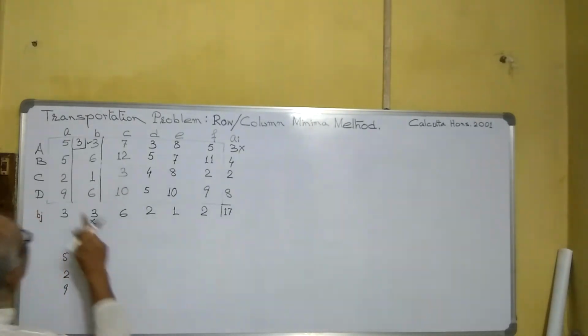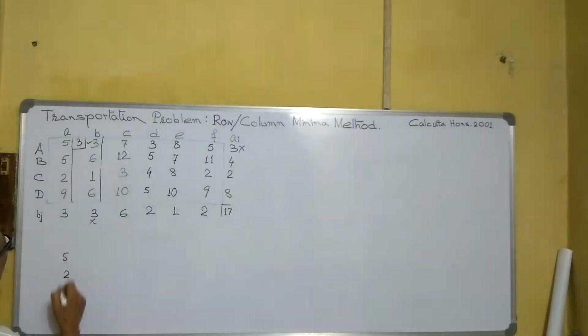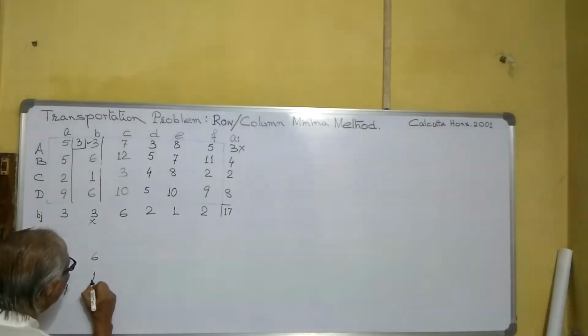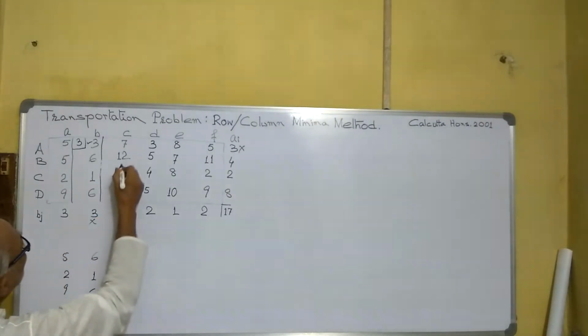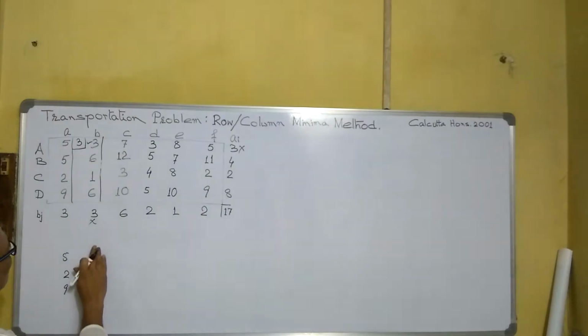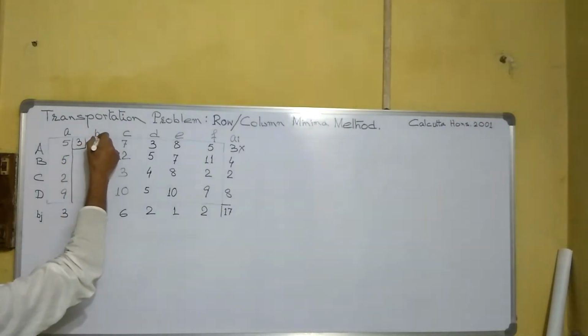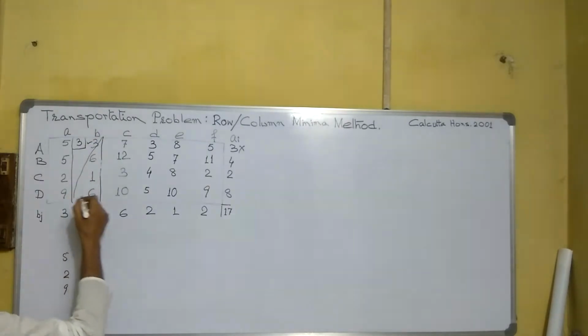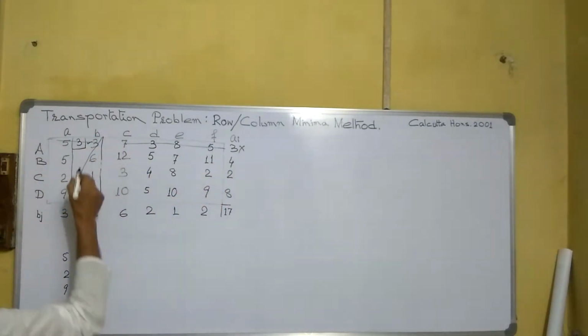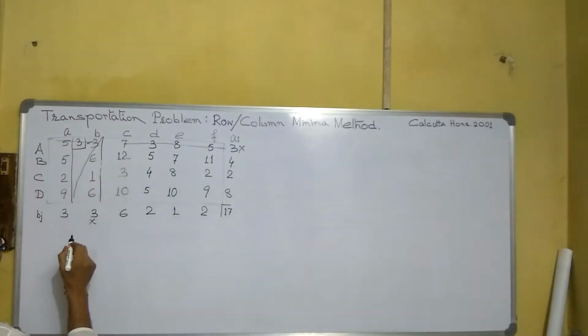So what is our requirement now? 5 to 9, 6, 1, 6, then 12, 6, 1, 6. This is also filled up. See, this one is filled up, we can cut it and we can cut this one also. So these 3 are no more, these 2 are no more required.